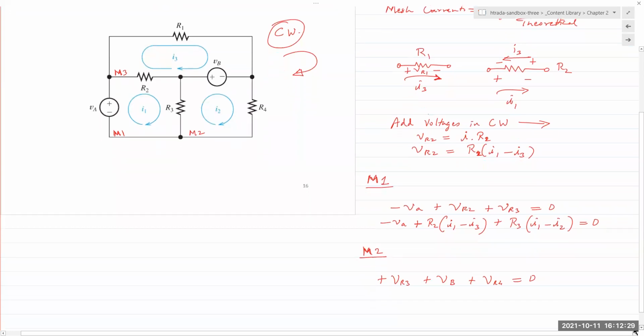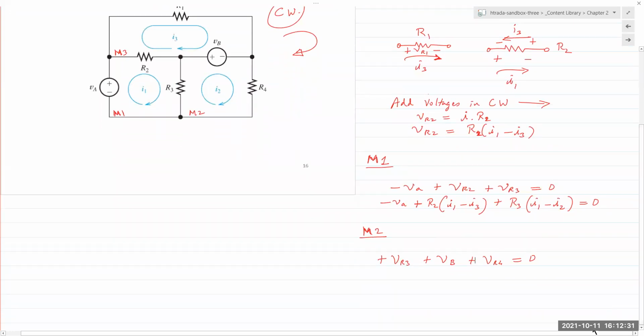So all my voltages are positive. VR3 can be written as, now here's the critical difference, because I2 is flowing in the same direction as my KVL direction, it would become I2 minus I1.